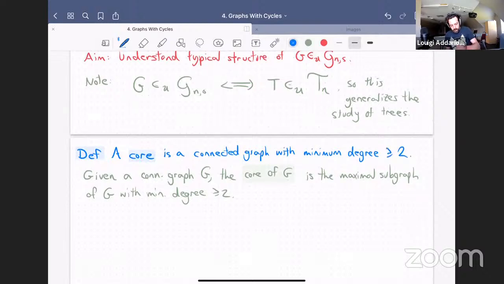Okay, and so I'll leave it as an exercise to show that for any connected G, there is a unique maximal subgraph of minimum degree 2.